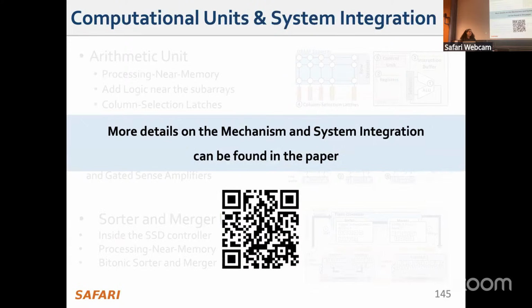So it's basically some steps making us go closer to the dream that I mentioned earlier. And more details about the mechanism are in the paper.